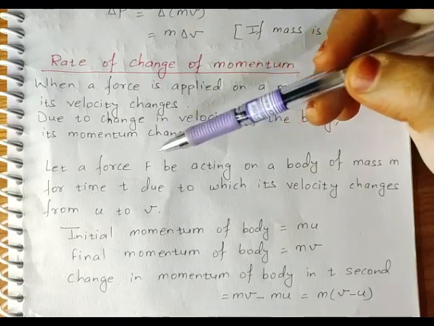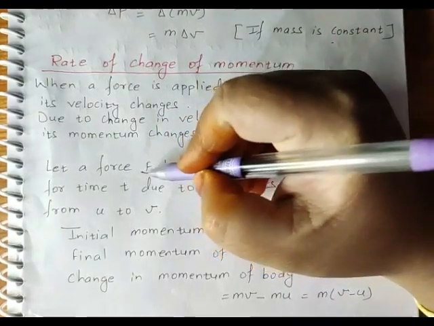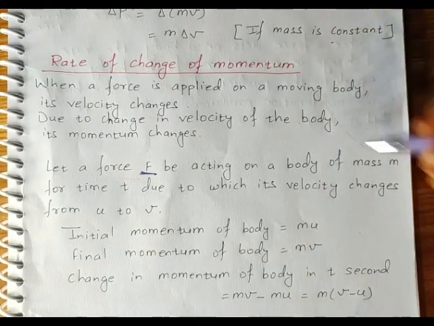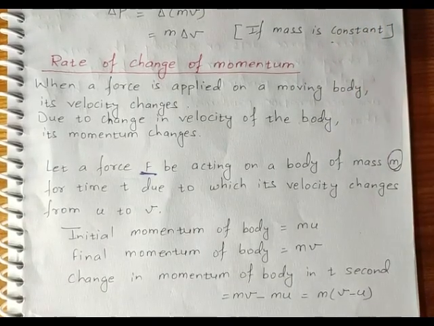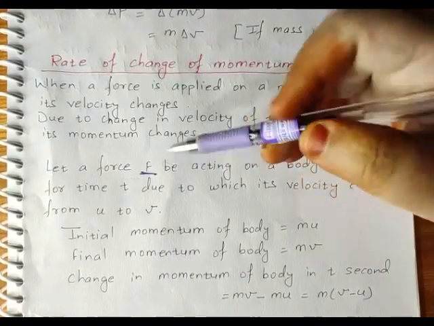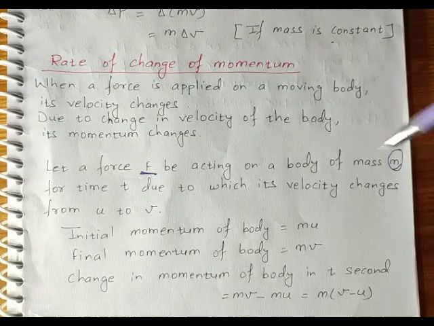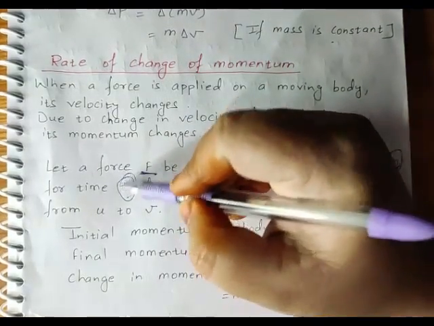So let a force F be acting on a body of mass M. How much force? F force is acting on the body whose mass is M, and for what time?